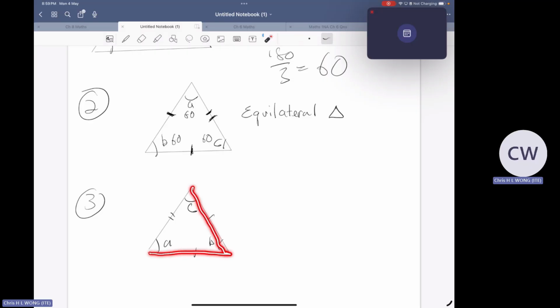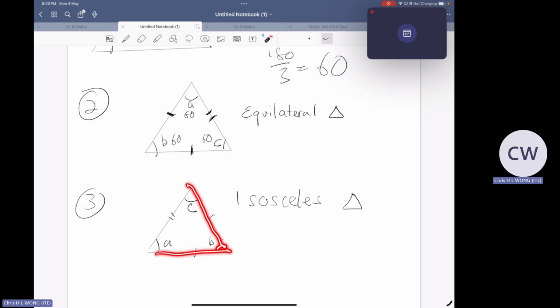Now this type of triangle is called an isosceles triangle. I think the spelling is like that. Isosceles triangle means, now you look at the ticks very carefully. It's here and here, so the angle is this one.